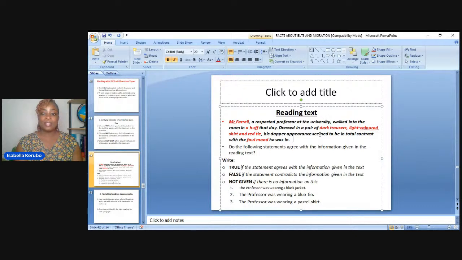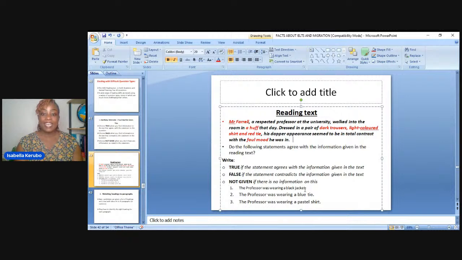Since we've already highlighted or underlined, it's easier for us to go straight to the sentence that is talking about how the professor was dressed. We read he was dressed in a pair of dark trousers, light colored shirt, and red tie. So this is the only information that is given here. Are we given any information about the jacket?